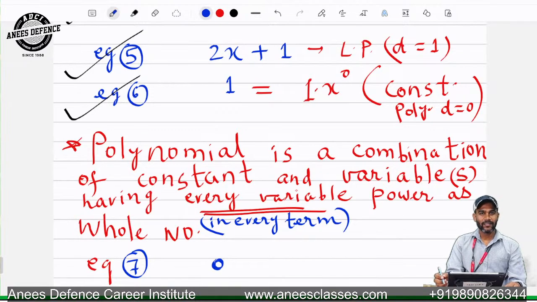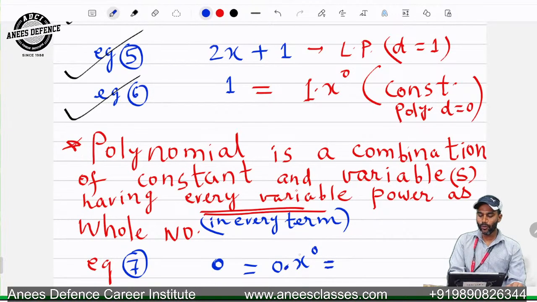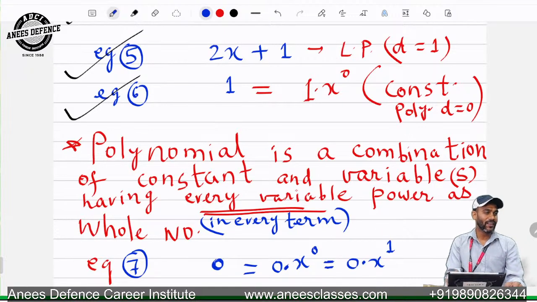See, 0 is a polynomial where degree is not defined. Why? See, 0 can be written as 0 into x to the power 0. So you can say this is a constant polynomial. But similarly, I can write 0 is equal to 0 into x to the power 1, so you have to say linear as well.